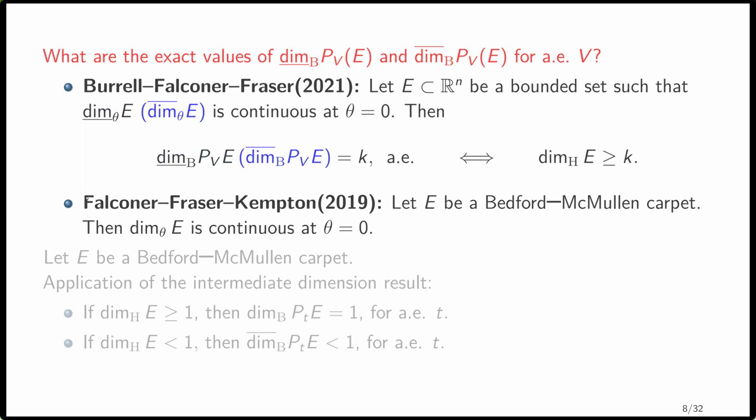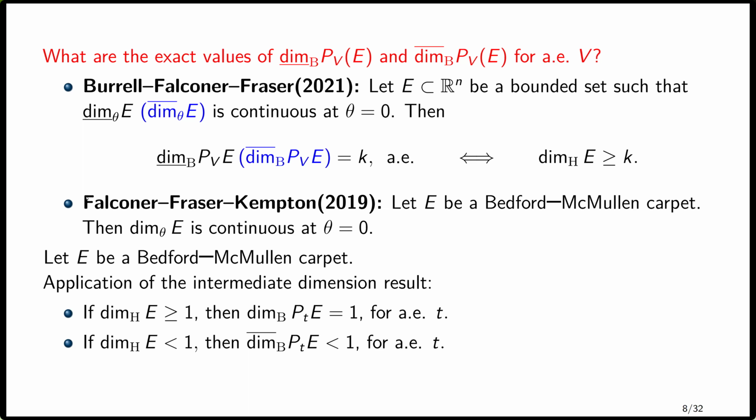Combining these two papers, as a direct corollary, as an application of the intermediate dimension result, we have that if E is a Bedford-McMullen carpet and the Hausdorff dimension is greater than 1, then the box dimension of a projection set exists almost everywhere and is equal to 1. So here V is theta and K is 1.